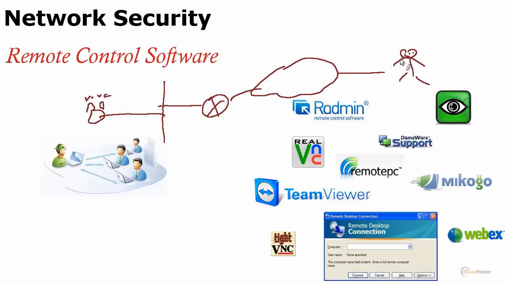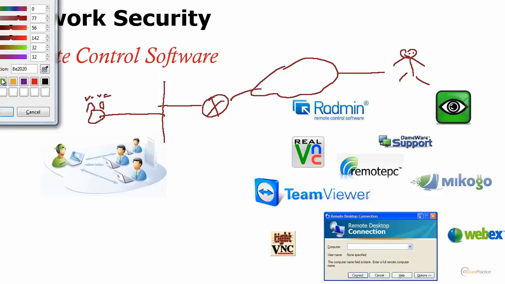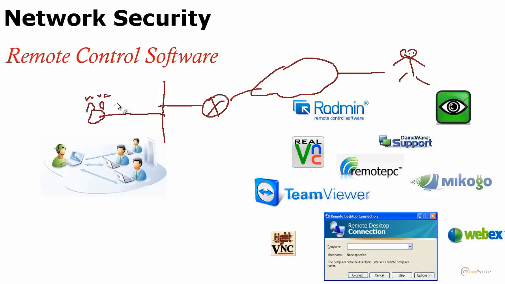Okay? Let's say you're over here and you received a phone call from your client, and he says that, well, I don't know, we forgot our password, right? We know the SSID, but we don't know what the password is. Can you connect and fix it for us, please?